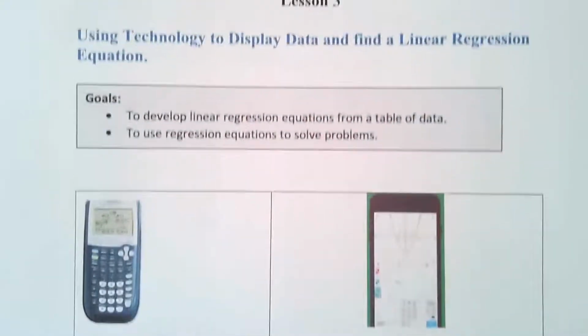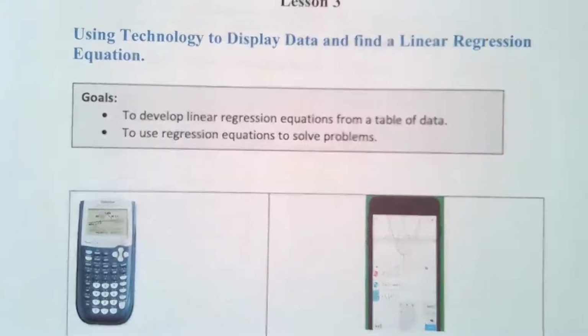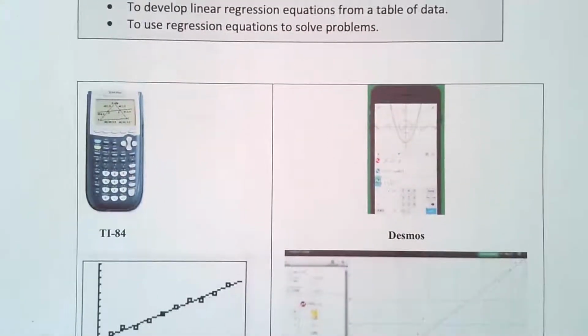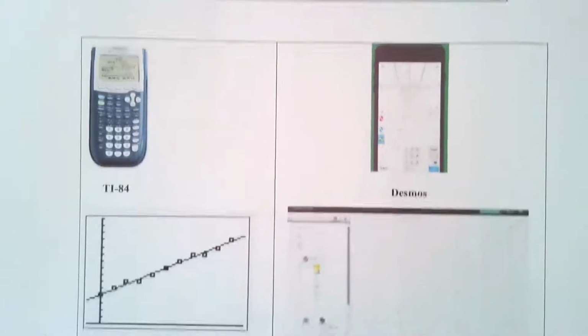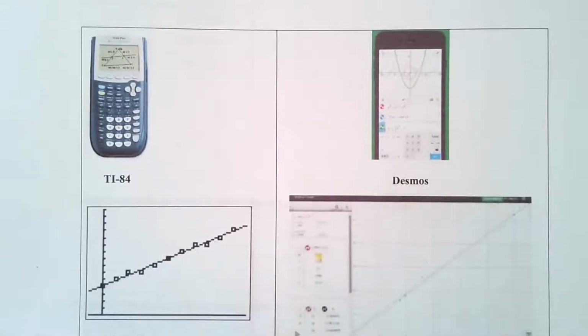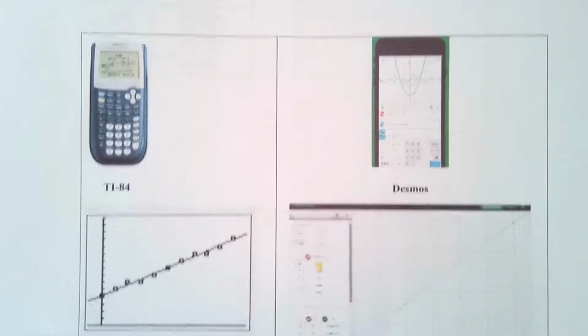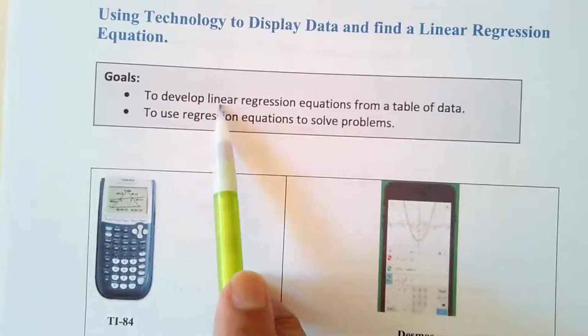So a regression equation is basically an equation that shows a relationship between two variables, between two things. Now, there are many types of regression equation. The one we are focusing on right now is a linear regression, meaning it's a straight line.